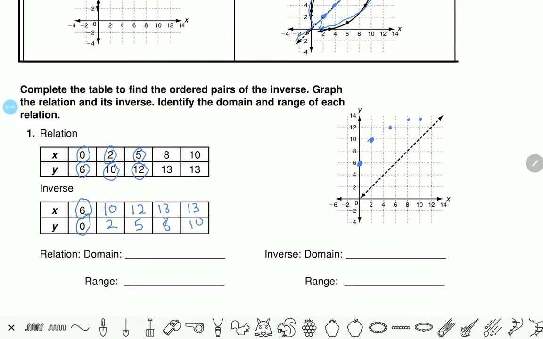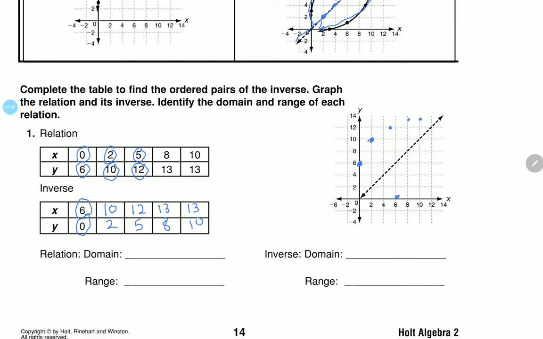When making these points on the graph, we will find 6 and 0, 10 and 2, 12 and 5, 13 and 8, 13 and 10 also.